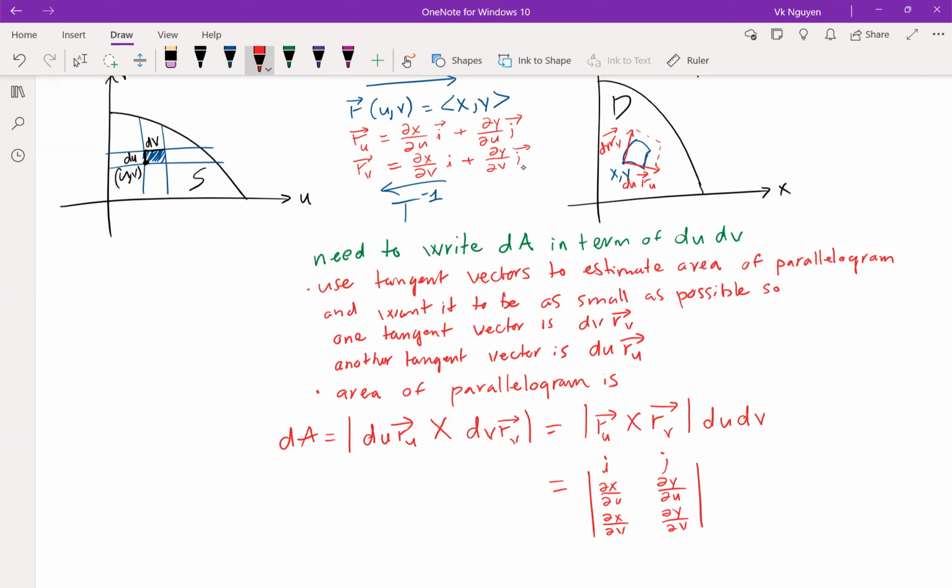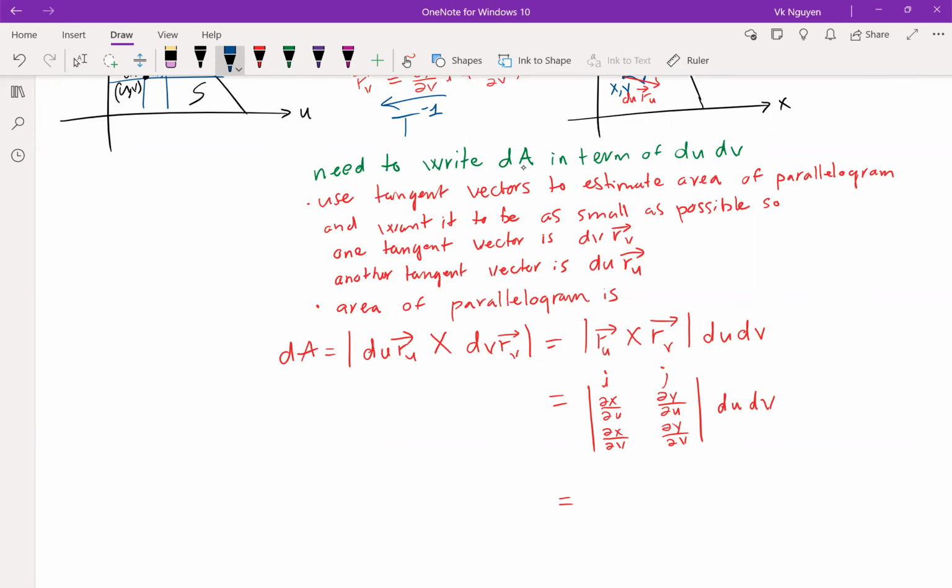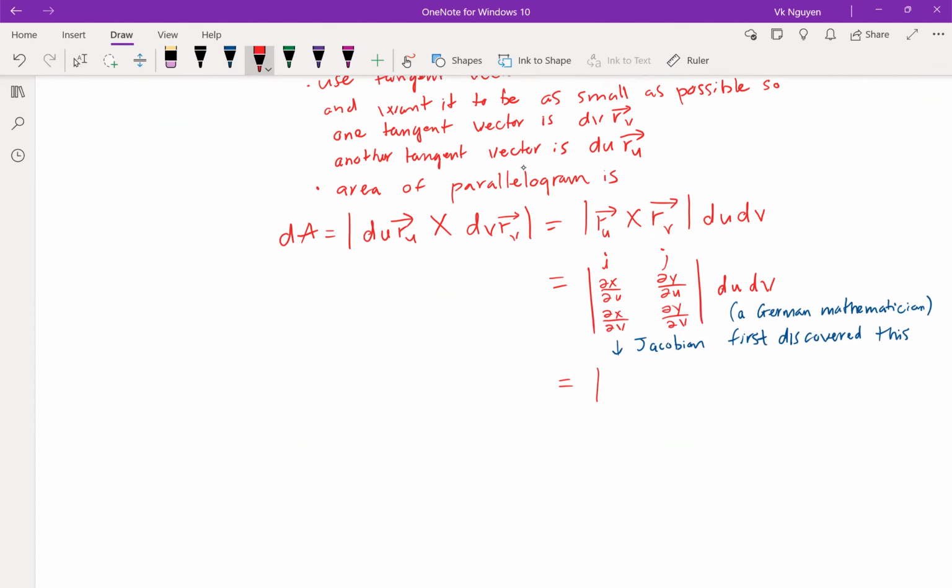Du dv. Jacobi was the first mathematician to discover this. He used this notation: partial (x,y) over partial (u,v) du dv.